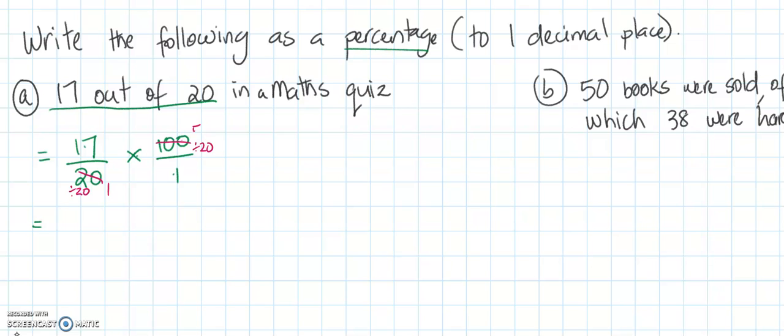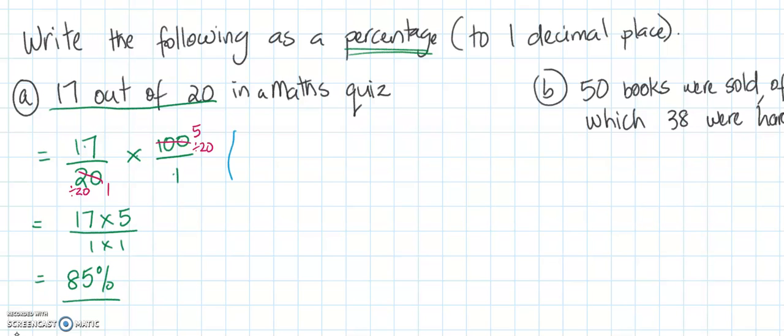Once you get that, you multiply 17 times 5. In the denominator, it's just 1 times 1, so that is just over 1. And 17 times 5 gives you 85. Because we're finding the percentage, write down the percentage sign.